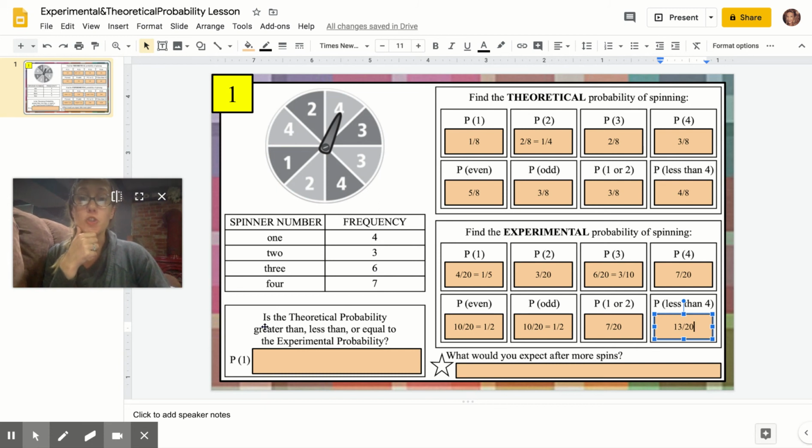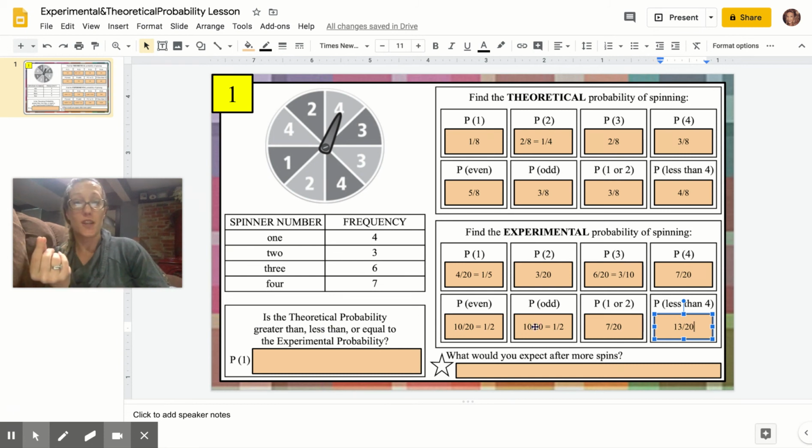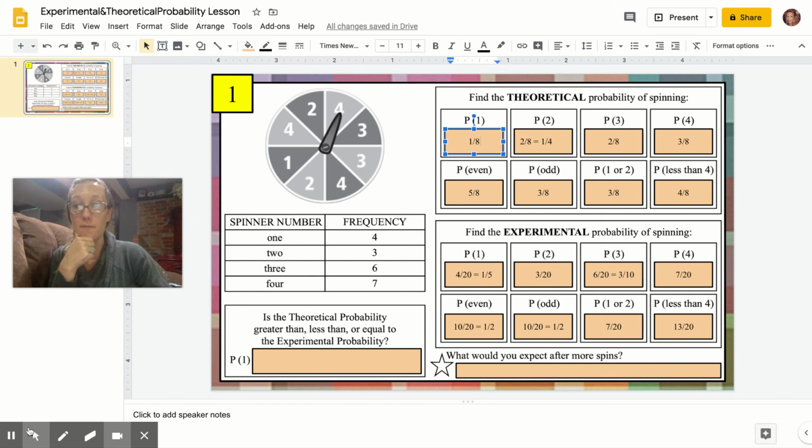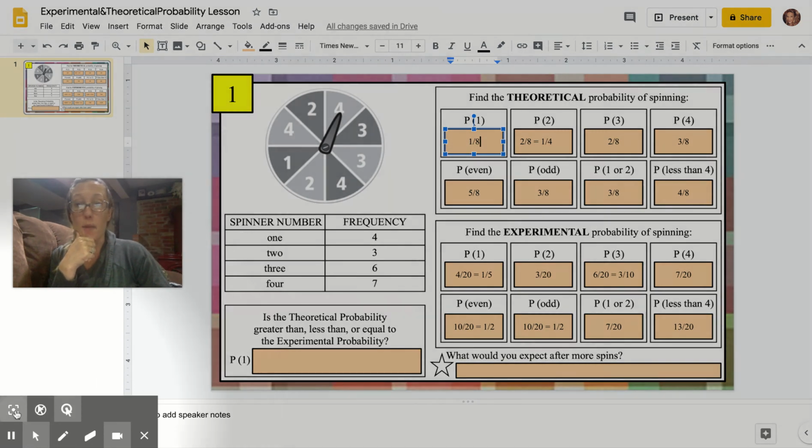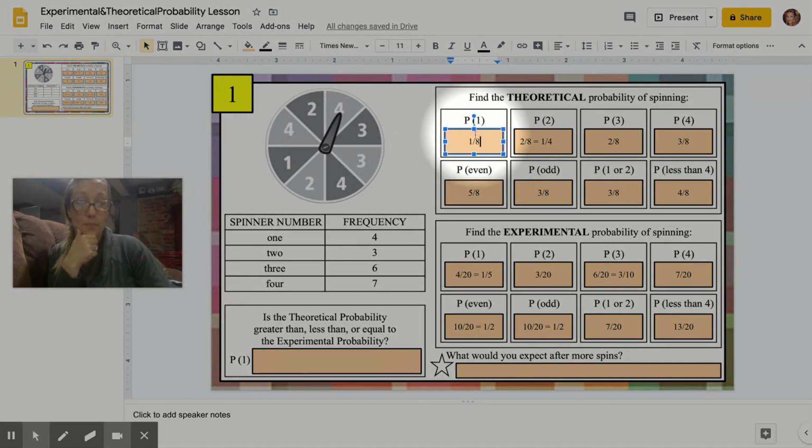Okay, so is the theoretical probability greater than, less than, or equal to the experimental probability when you're looking at the probability of spinning a 1? Well, the probability of spinning a 1 we found up here was 1/8.